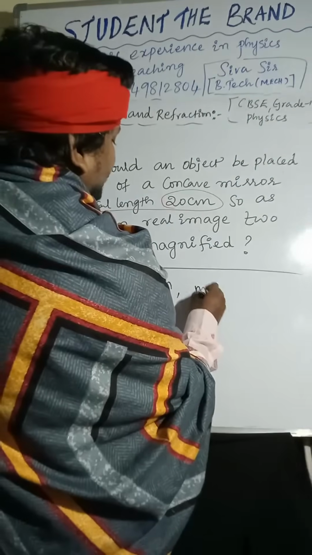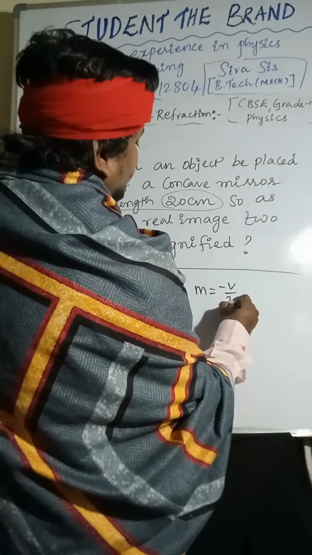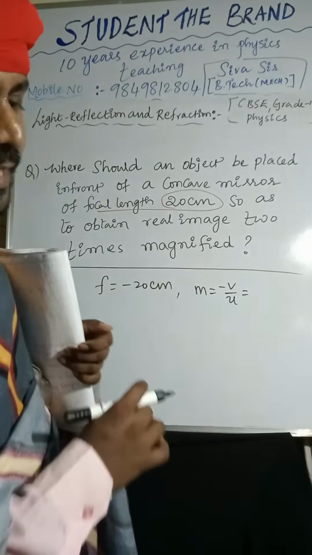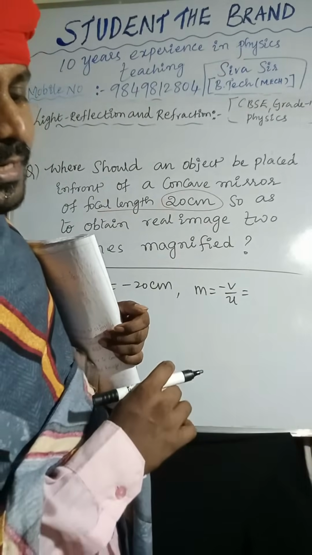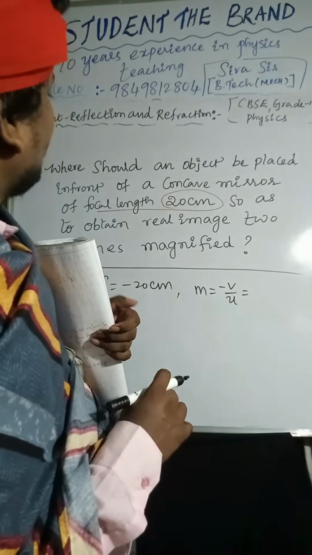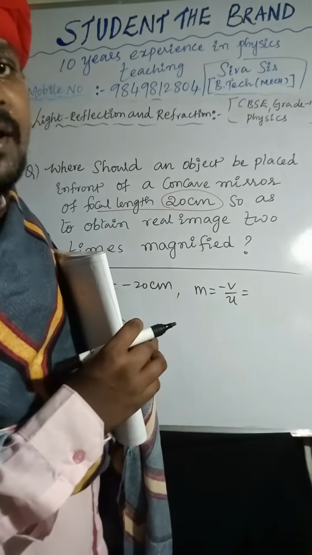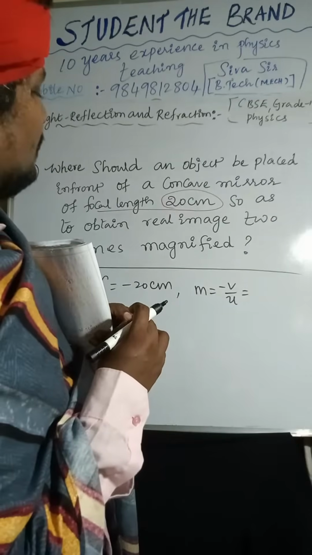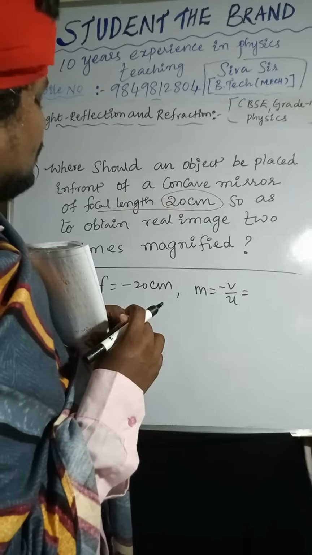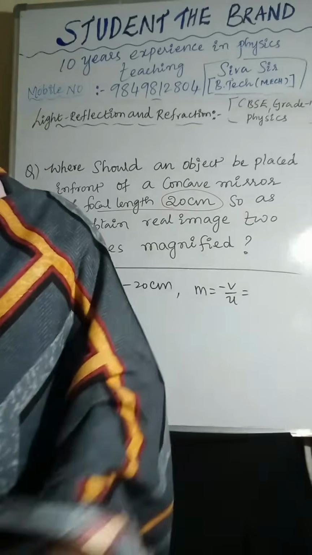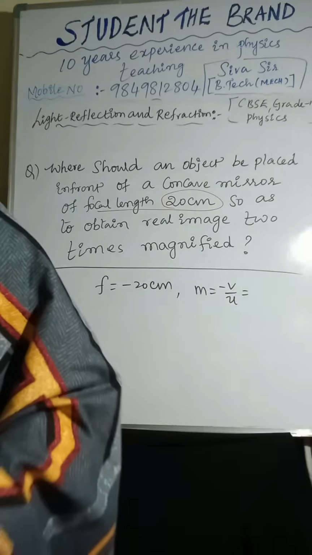Second, magnification equals minus v by u. So a real image is formed. Is the magnification for a real image positive or negative? 2 times magnified, how can we take the magnification?